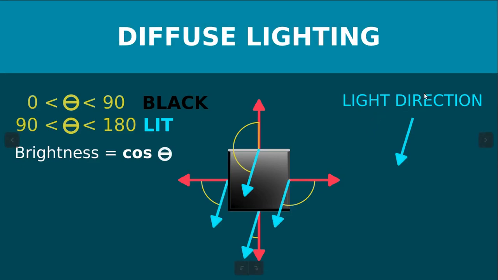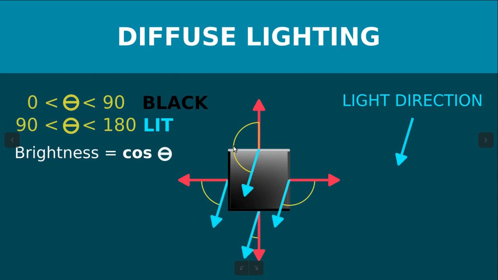Supposing that the light direction is coming in downward and to the left, let's imagine our sun would be about where the G is, okay? For every surface, the brightness is calculated using the same light direction, and then based on the angle we will figure out how bright it should be.